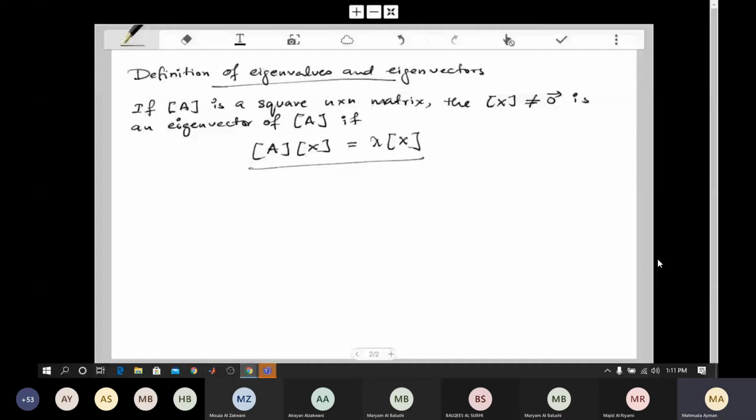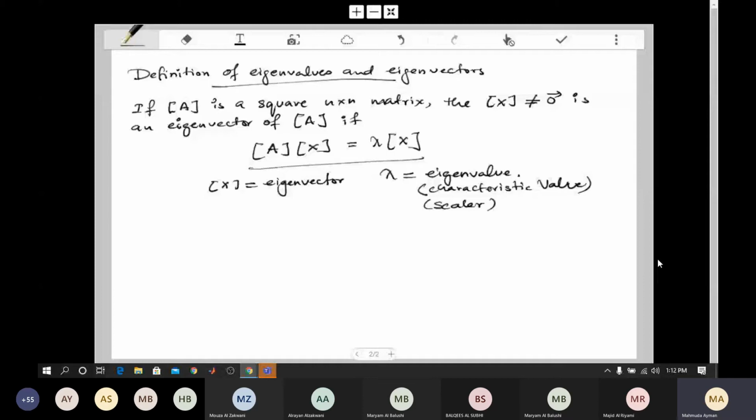So here x is your eigenvector and lambda is your eigenvalue, which is also known as the characteristic value sometimes. And also this is a scalar.